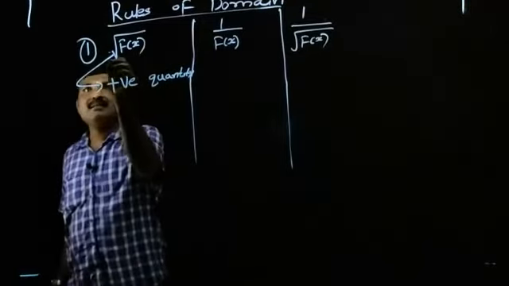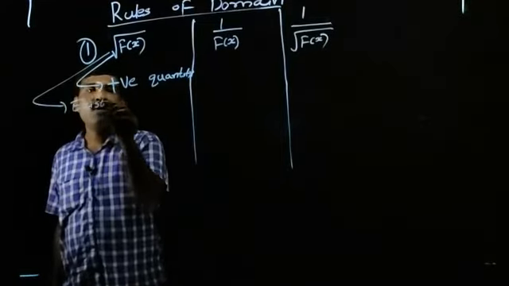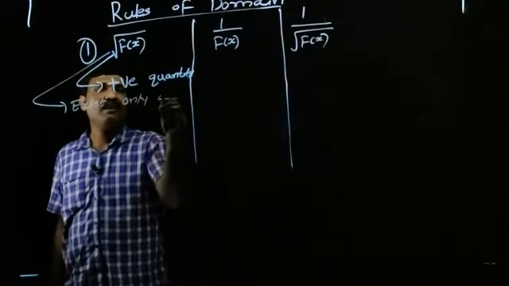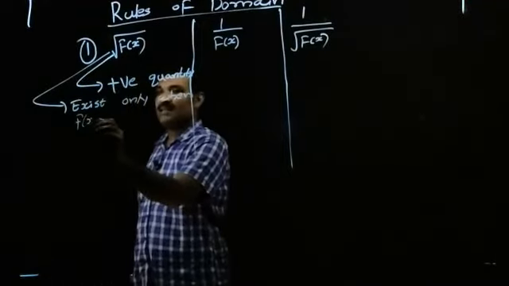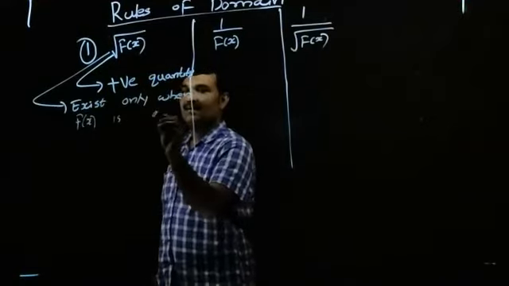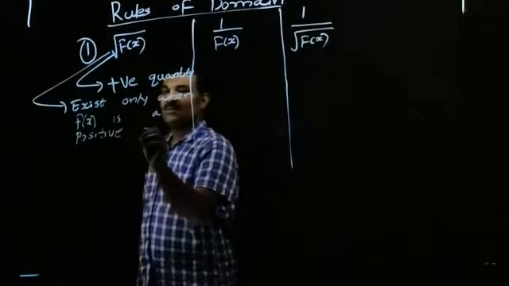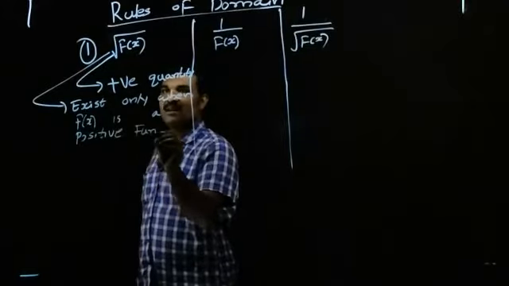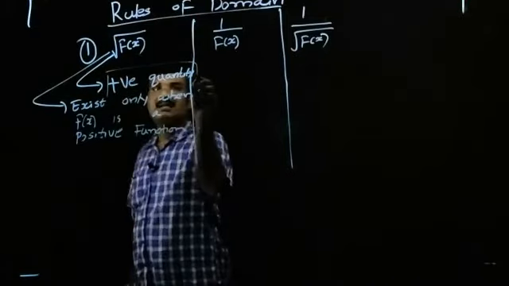That means this will exist only when f of x is a positive function. We know that square root is defined only for a positive function, since square root is a positive quantity.